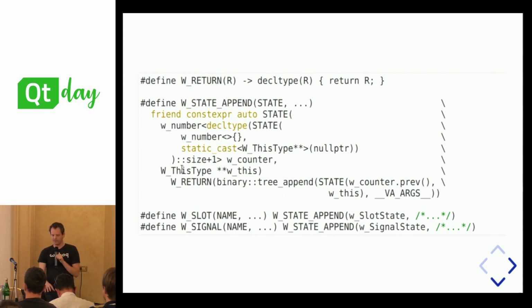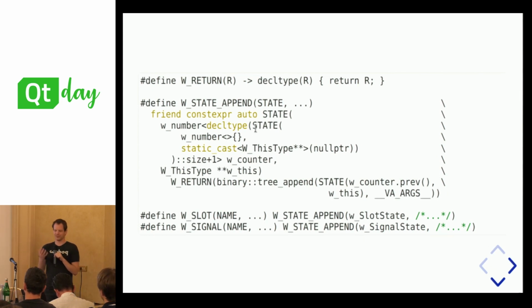So we have, as before, a pointer to the state, and we also have a number. But which number? Well, we're going to do the type of calling this function with the number 255, and again a pointer to a pointer of this type.